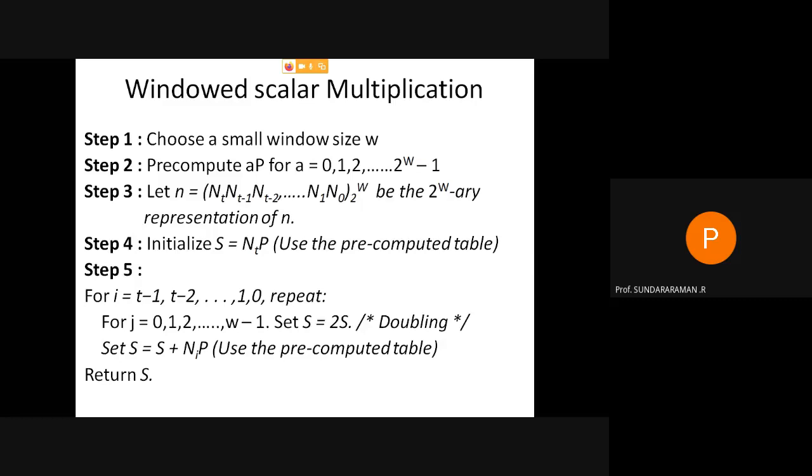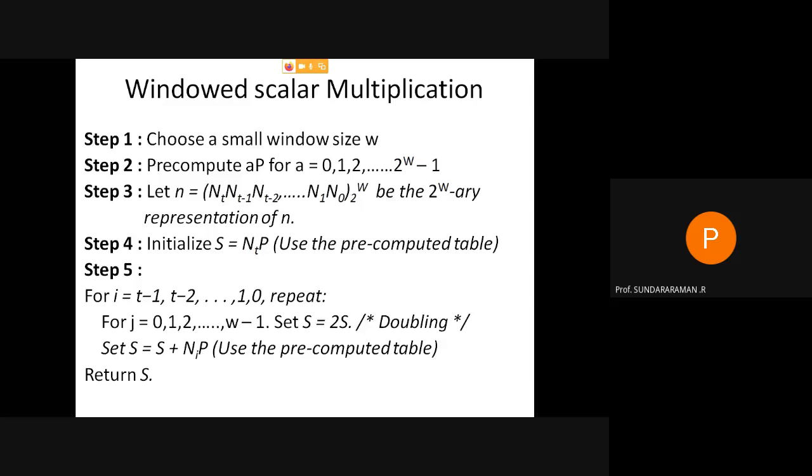Totally, you have 0 to 2 power W minus 1 window possibilities. Suppose W is equal to 3, how many combinations are possible? Totally 8 combinations are possible: 2 power 3 minus 1, that is 0 to 7.